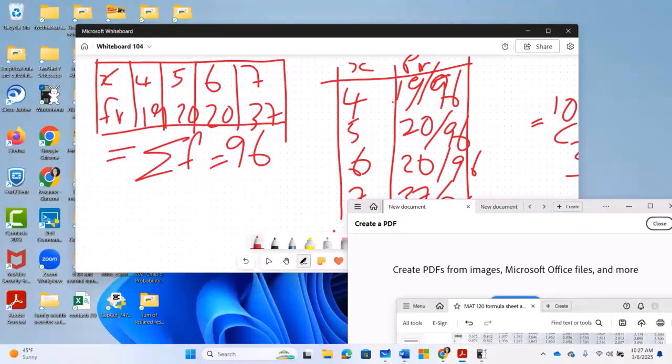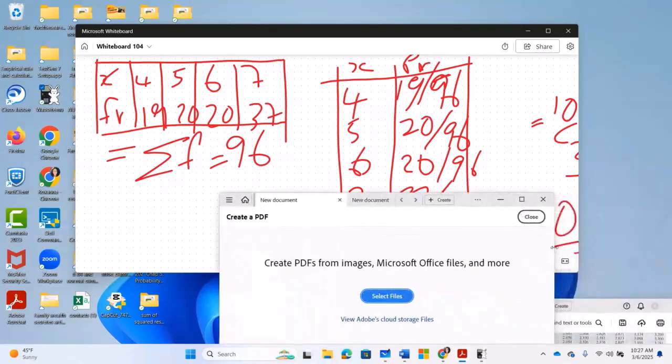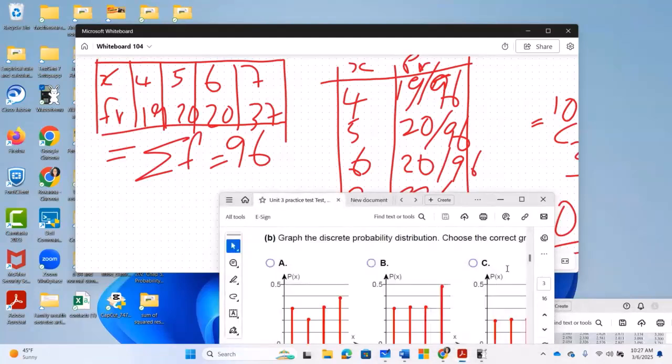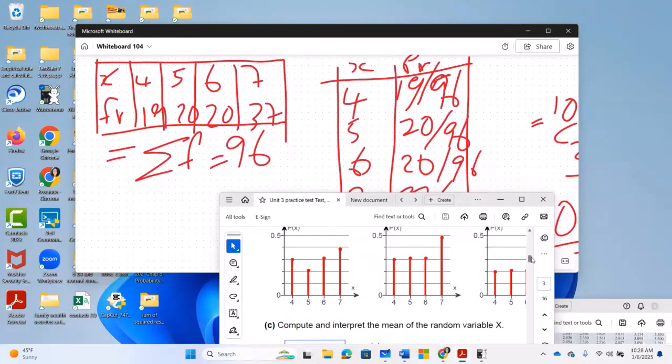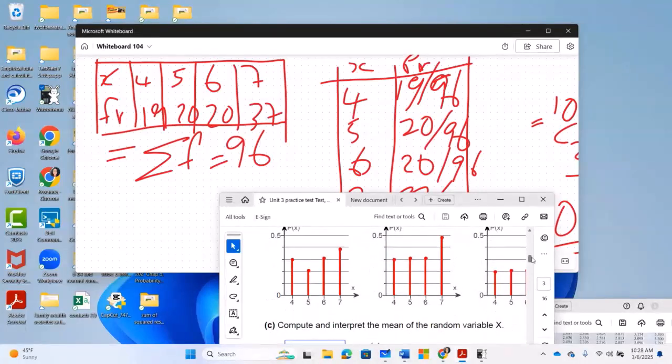It's not supposed to be connected, so we can do it by hand, and when we finish we will need to see something like this. This is the kind of graph we're going to have because it is a discrete distribution. They are not supposed to be connected.